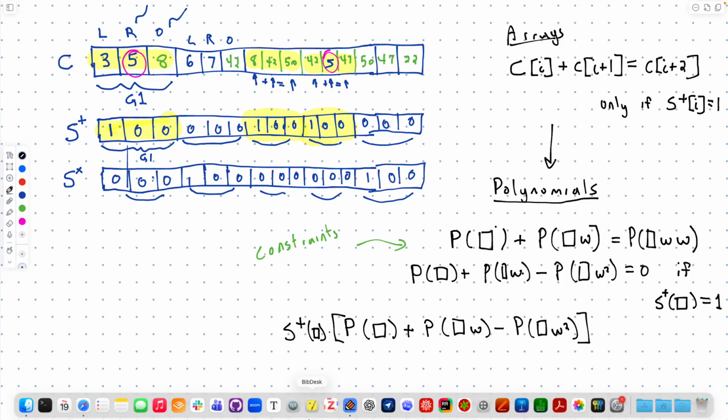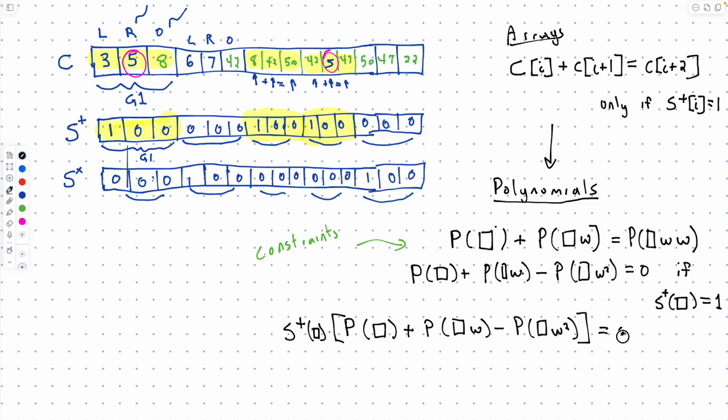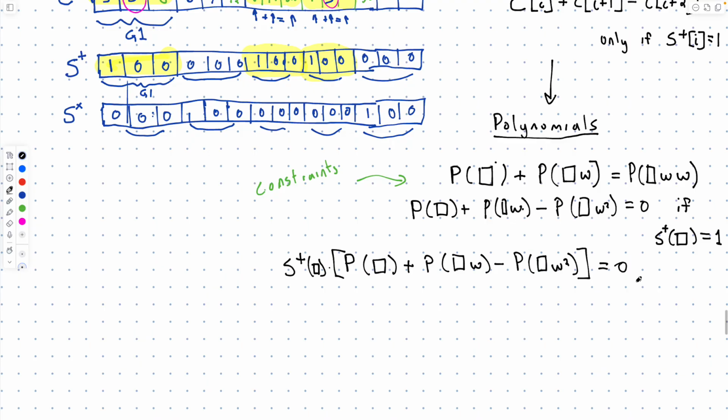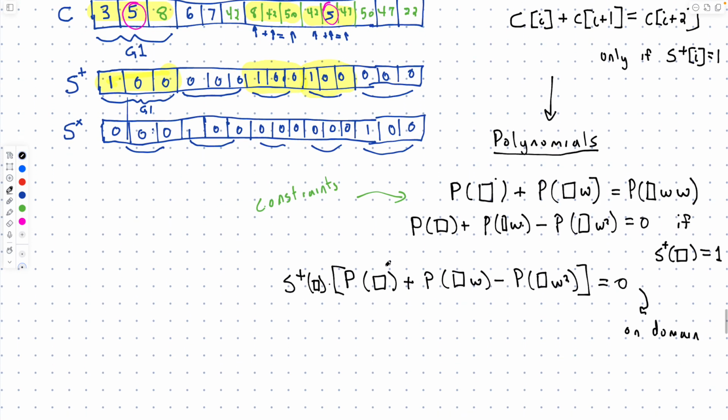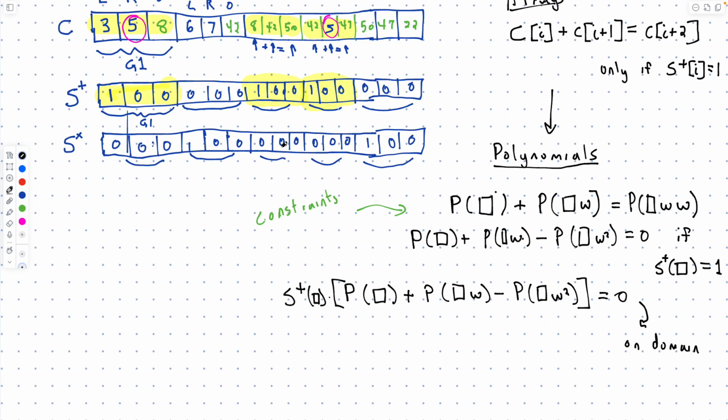And I say that has to equal 0 everywhere. Is that going to equal 0? And here I'm going to say 0. There's a small technicality. I'm going to say on the domain. What I mean on domain is for all the values in the array, it's going to equal 0. For the numbers that are outside of the array, we're going to deal with that later. But you can sort of ignore this for now.